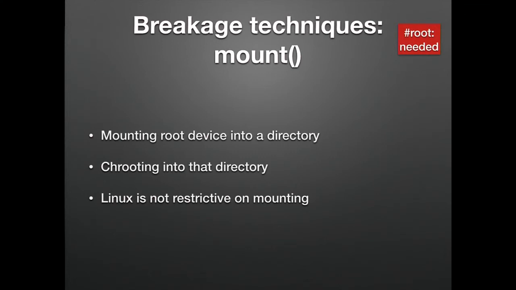But you have to be careful, because it's a really strange thing that Linux is not restrictive on it. So you can mount the root partition or any partition that is already mounted on the computer. So it could corrupt your file system. So it's not the best idea.